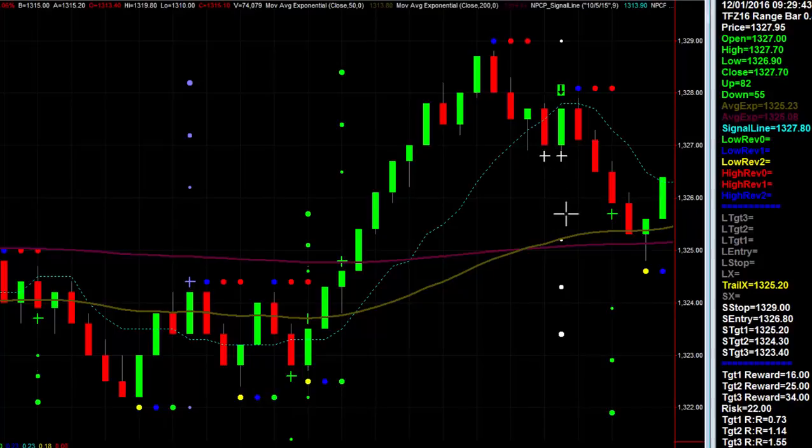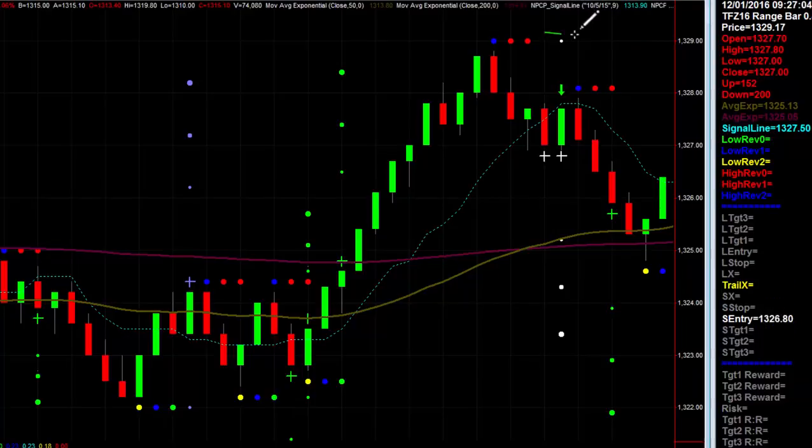So when it comes down and hits target 1, remember, you've got to move your stop. The stop is at 1329. Don't forget, 1329.1, you make a key level adjustment. But when it hits target 1, you're moving your stop, locking in a tick, and you're starting to work around the signal line.